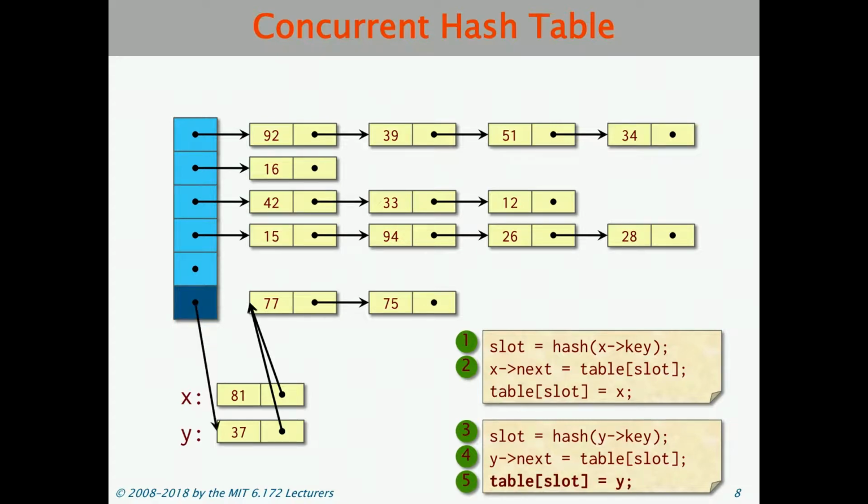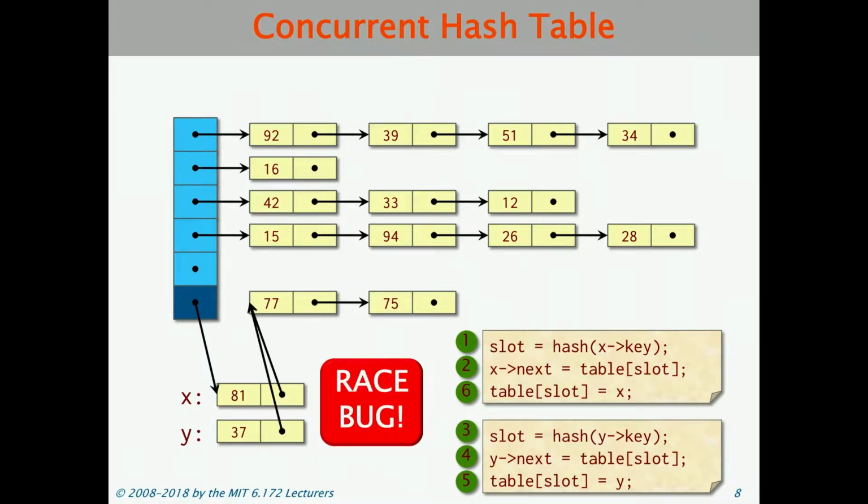Then it sets the value of the slot to point to Y. And then along comes X, finishing off what it's doing, and it points the value to X. You can see that we have a race bug here, a really nasty one, because we've just destroyed the integrity of our system. In particular, Y is floating, not in the list when it's supposed to be in the list, right?